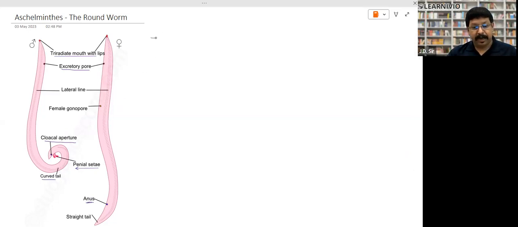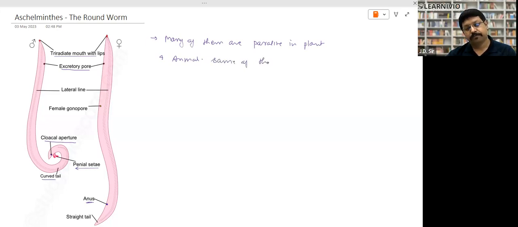Many of them are parasites in plants and animals. Some of them are free living.